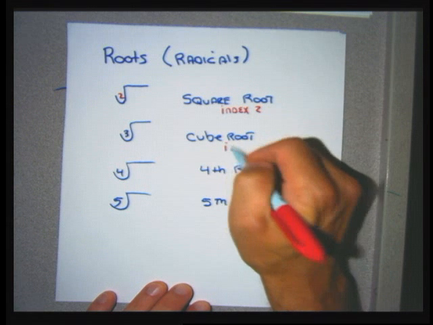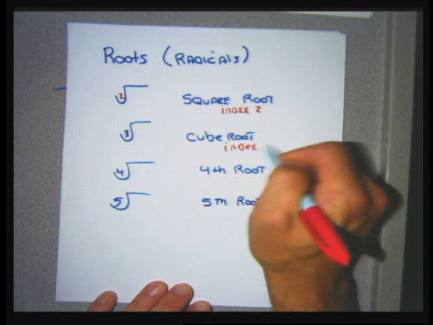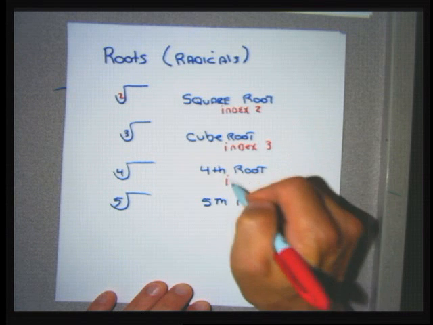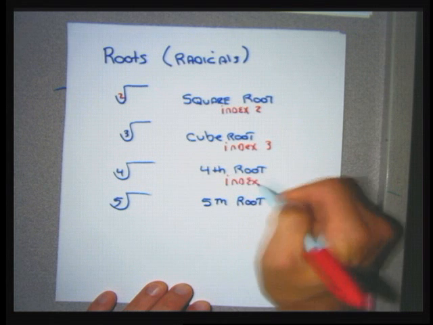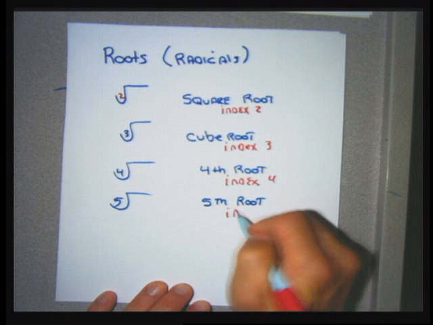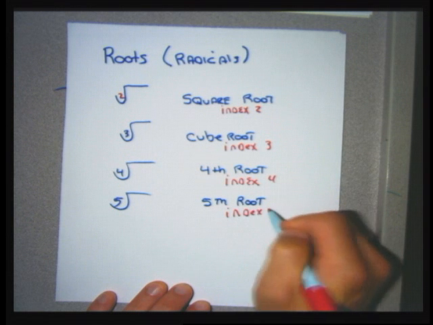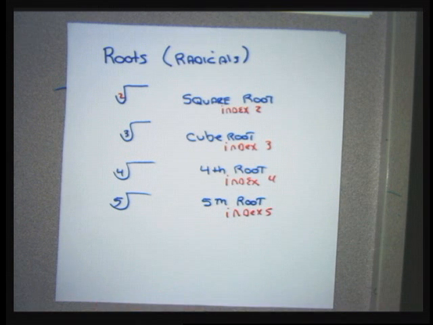In a cube root, the index is 3. In a fourth root, the index is 4. And in a fifth root, the index is 5. My calculator has the ability to do square roots, cube roots, fourth roots, fifth roots, sixth roots, and seventh roots. It goes on forever.